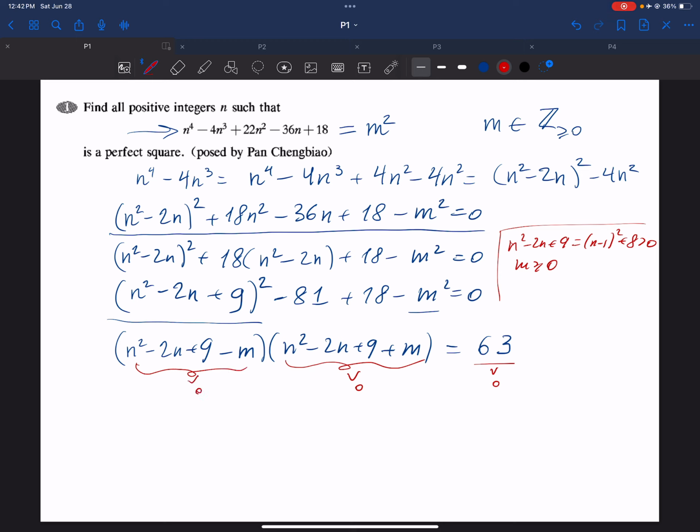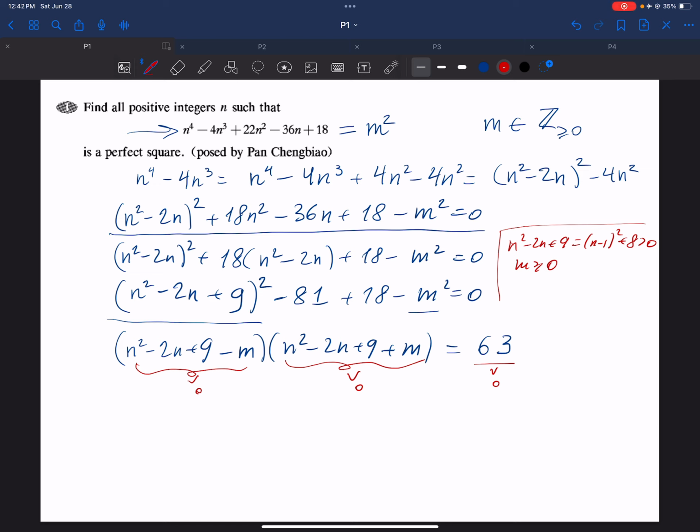Furthermore, this first expression is definitely strictly less than this one. So it's a smaller number. Therefore, let's just factorize 63 into the product of two positive integers, such that the first one is smaller. So what are the options?